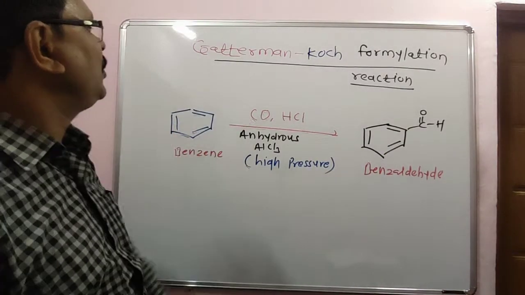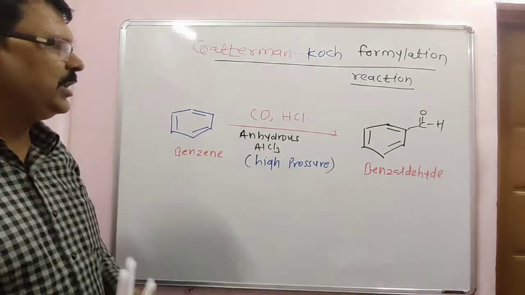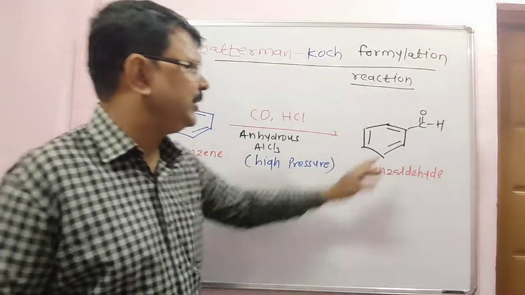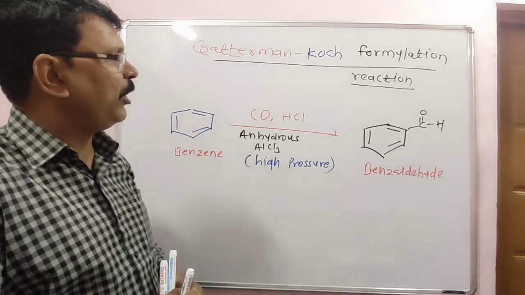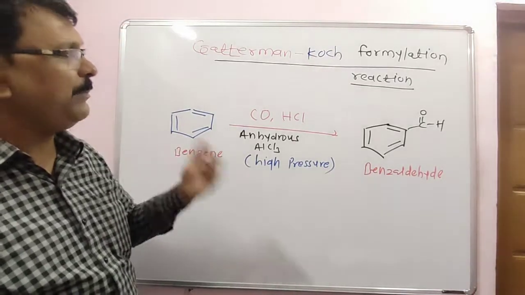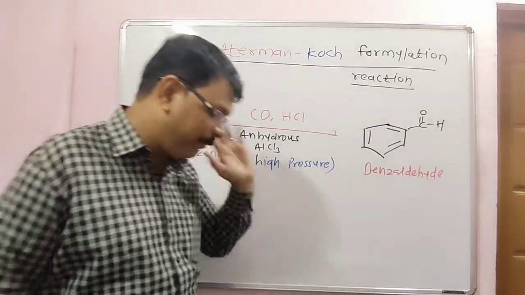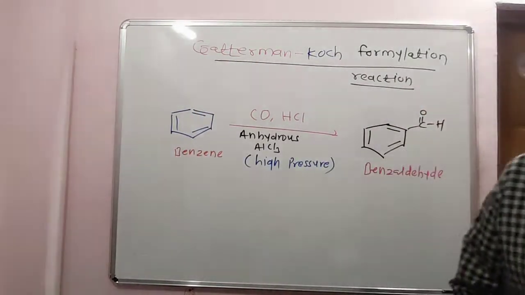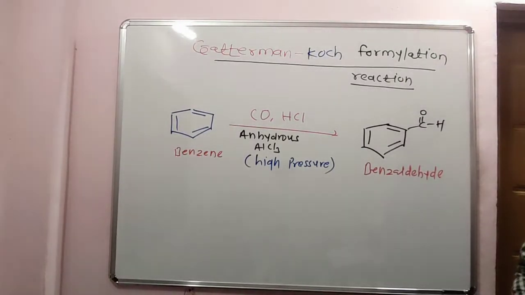This reaction is called the Gattermann-Koch formylation reaction. The CHO group means the formyl group. This is the introduction of a formyl group to the benzene ring, which gives the compound benzaldehyde. That completes the second preparation method.